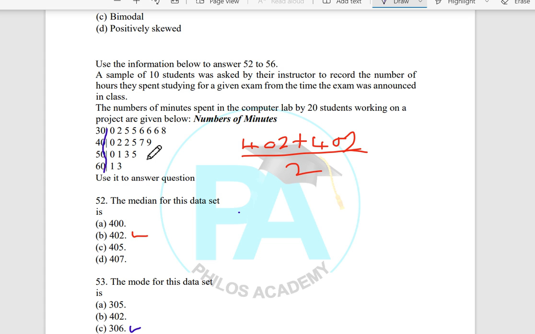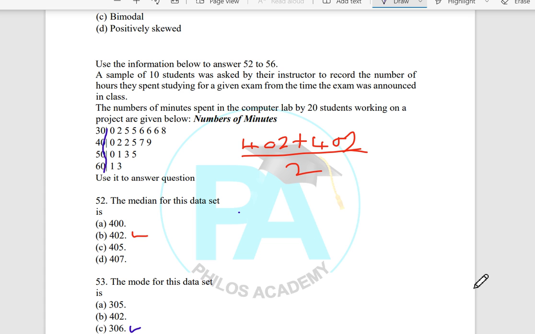So to find the mean, you say 300 plus 302 plus 305 plus 305 plus 306 plus 306 again plus 306 plus 308 plus 400 plus 402 plus 402 plus 405 plus 407 plus 409 plus 500 plus 501 plus 503 plus 505 plus 601 plus 603, all divided by 20.